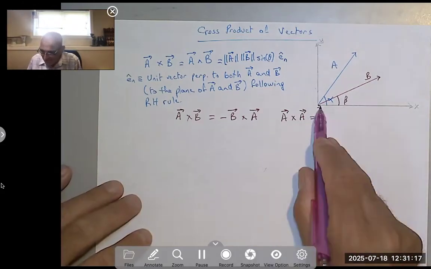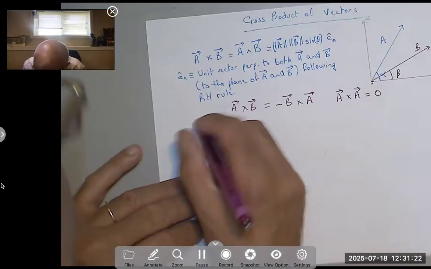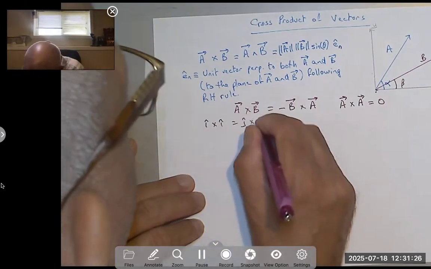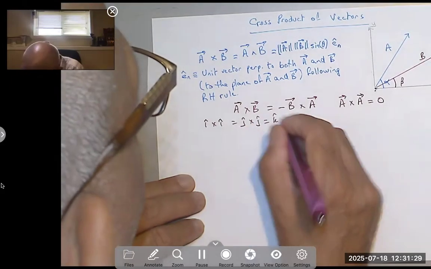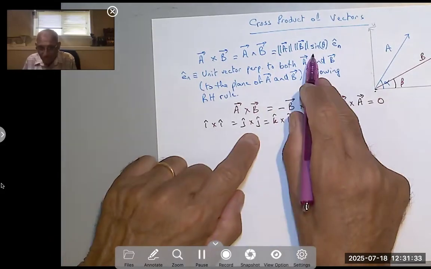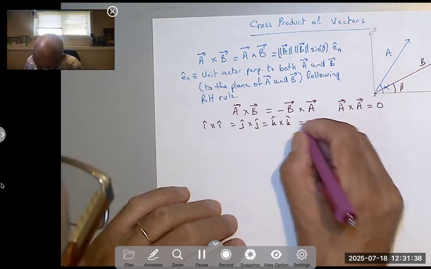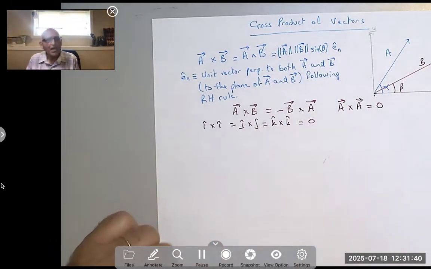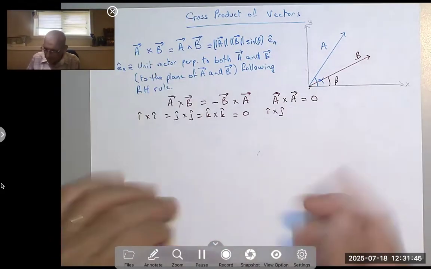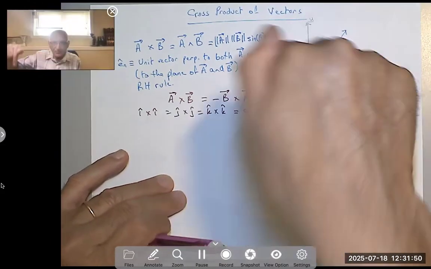if I have I cross J, so let's write those. First of all, we can say I cross I equals J cross J equals K cross K. Magnitude of each is 1, but the angle between them is 0, and sine 0 is 0, so all of these equal 0. But then if I say I cross J, I is the X, J is the Y. So if I'm going from X to Y, that's moving up.